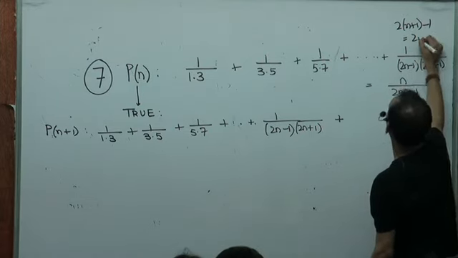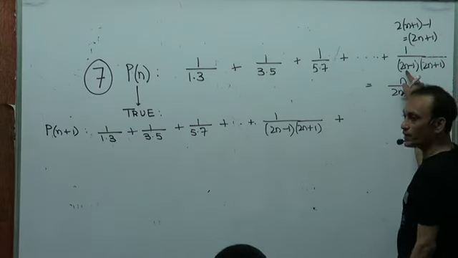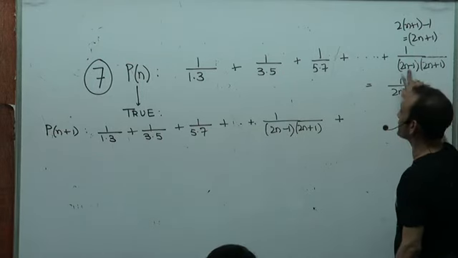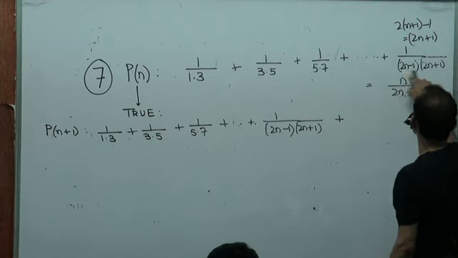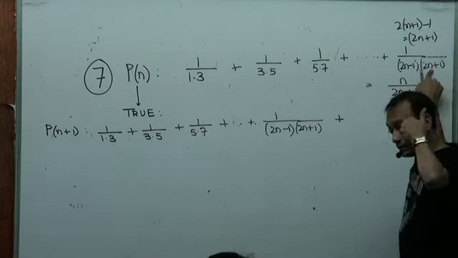So, this will become 2n plus 1 and this will become 2n plus 3 because this is 2 more than this. Yes or no? Because this is 2 more than this. So, if this becomes 2n plus 1 for n equal to n plus 1, this will become 2n plus 3.